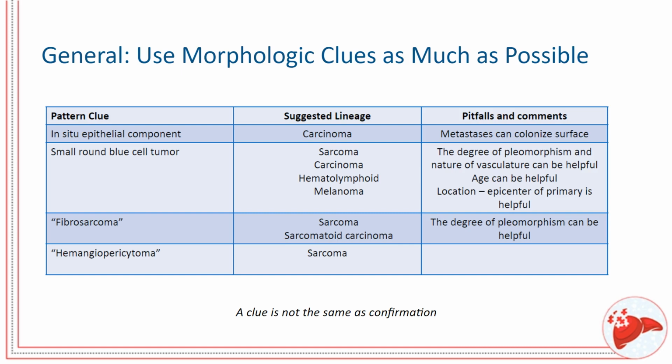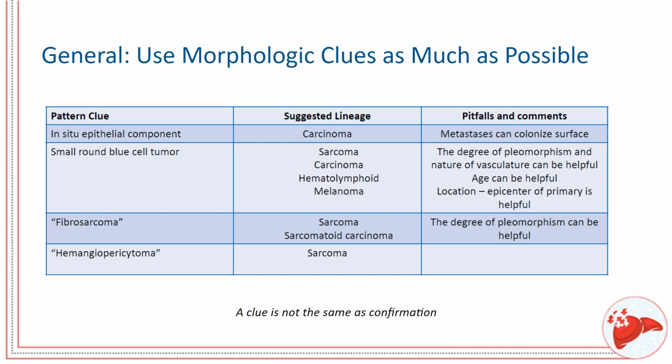And then where is the tumor located? The epicenter is often helpful. Inflammation as well. Certainly a growth pattern that appears so-called fibrosarcoma-like will suggest a sarcoma, although sarcomatoid carcinomas can do it as well. And an HPC-like pattern is more characteristic of a sarcoma than other things in the differential diagnosis.